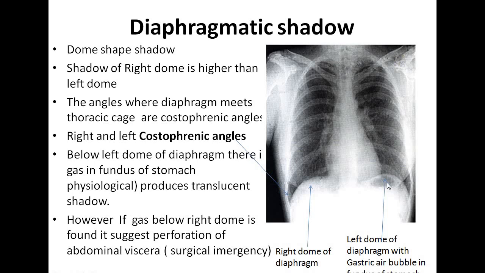This translucent shadow is because of the gastric air bubble present in the fundus of the stomach. So this is a physiological shadow. While if you see air below the right dome of the diaphragm, then it is a surgical emergency, which may be because of perforation of an abdominal viscus.